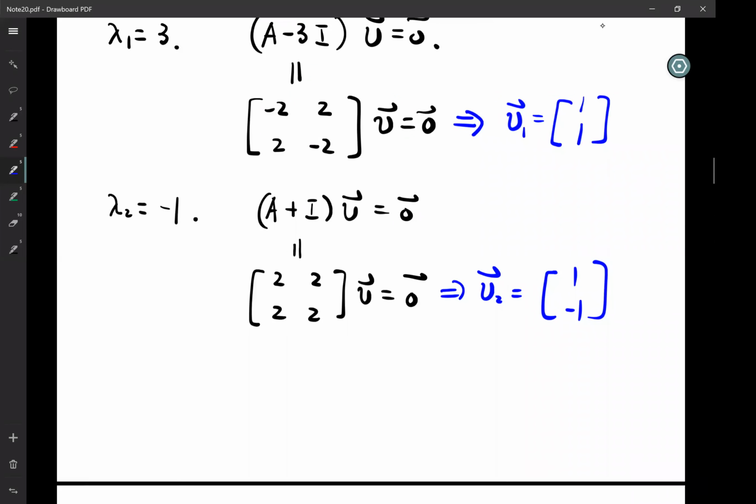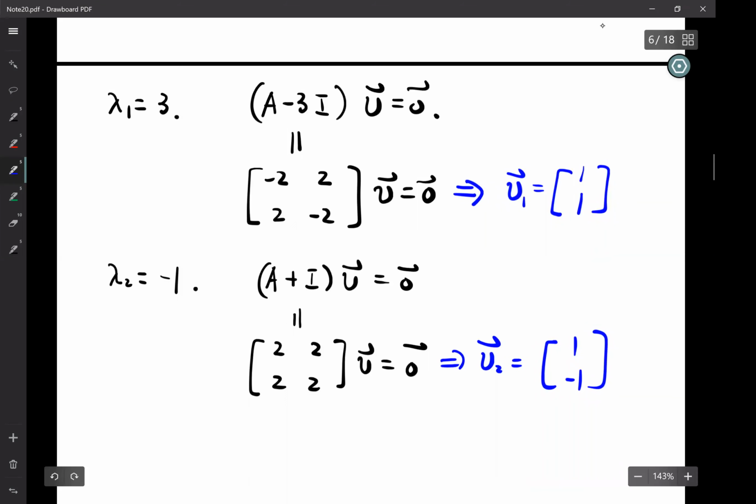We have found V1 and V2 are linearly independent. They already span R2, so it's impossible that there is a third linearly independent eigenvector. Another way of viewing that is we have found all the possible eigenvalues, and a necessary condition to be an eigenvector is to satisfy this equation. For this equation, we have found all the solutions, and therefore that's it.